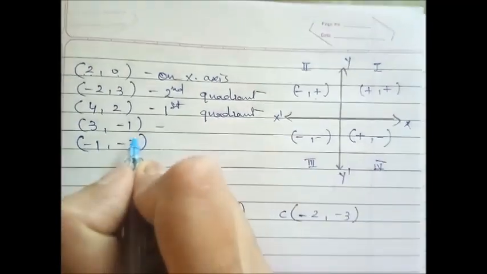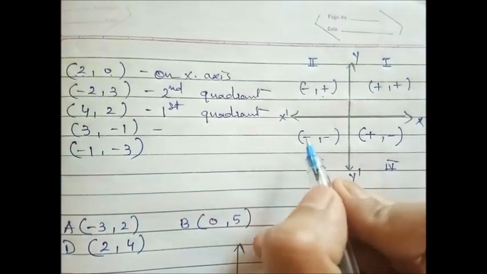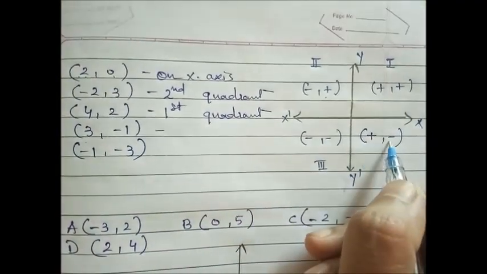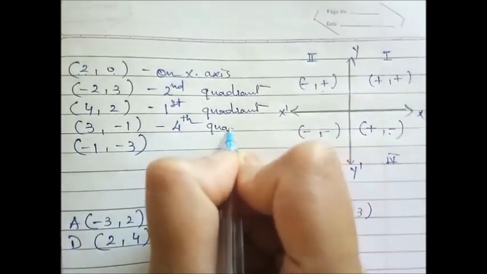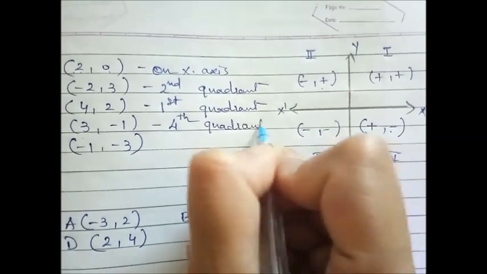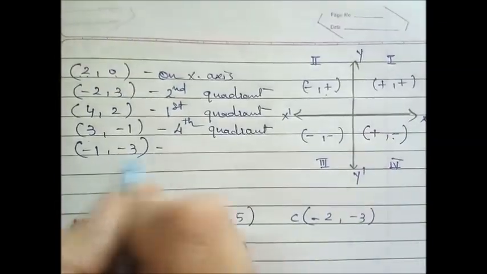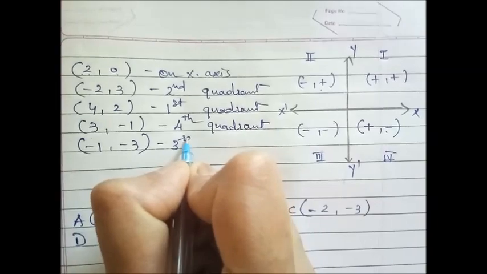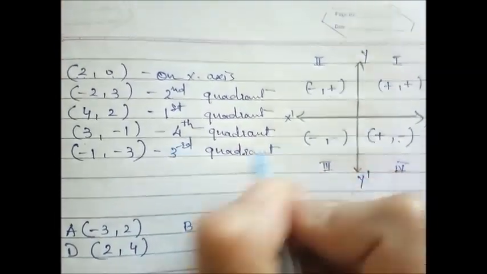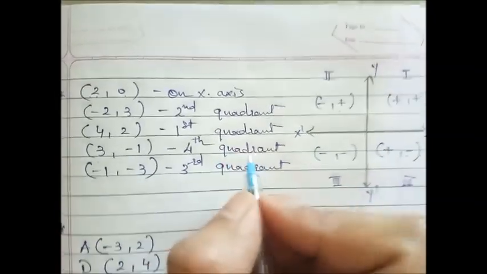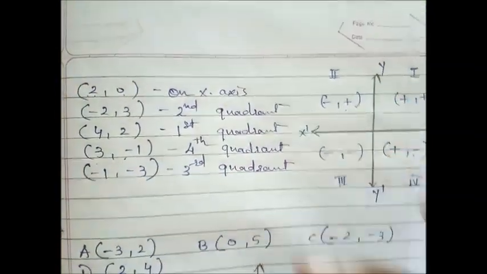Then x is plus, y is minus 1, that means fourth quadrant. Then both are negative, that means third quadrant, right? This way you can identify in which quadrant the given coordinate lies.